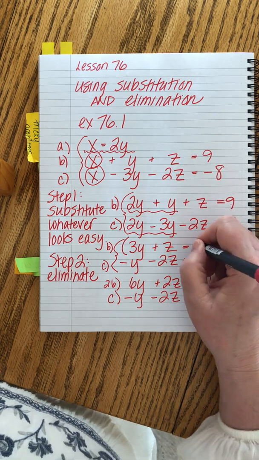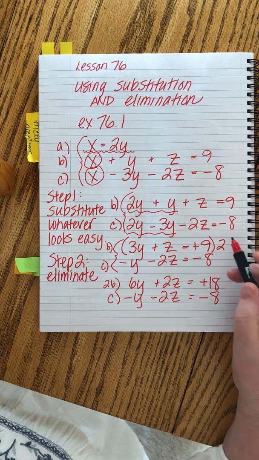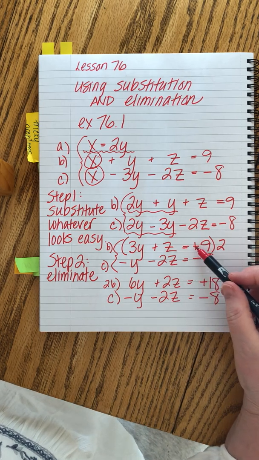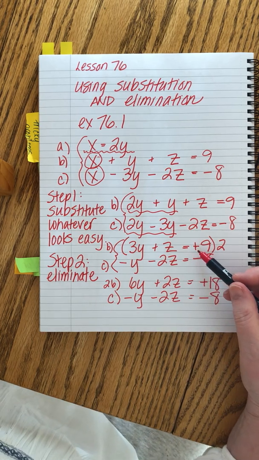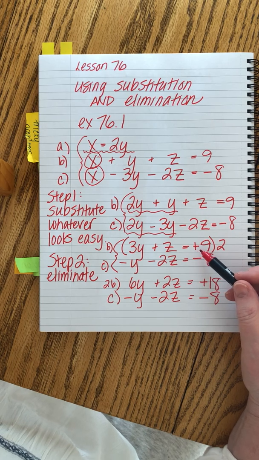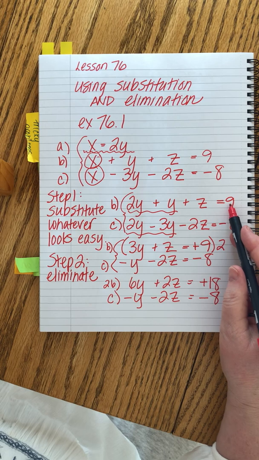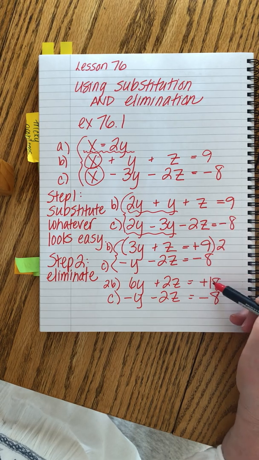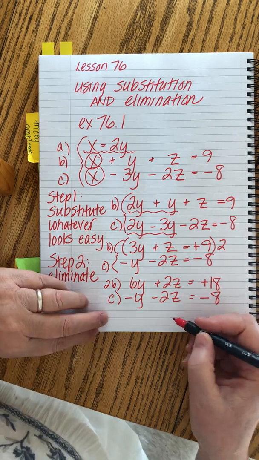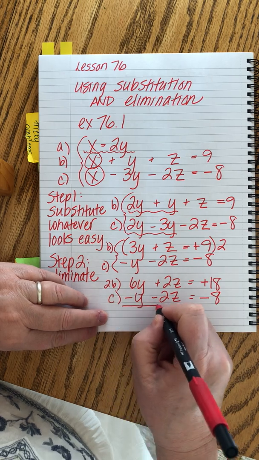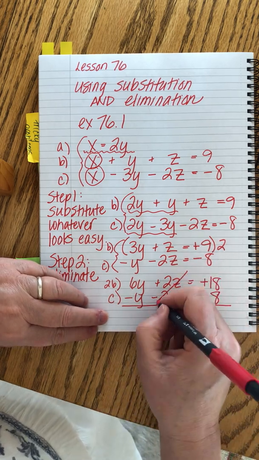This is positive 9. So that's positive 18. I know, so suddenly I turned that into a minus 9. I was trying to figure out why I did that. Just rogue copying. Okay, so that was my mistake. I just picked up a minus sign. So this should be positive 18. Now I am ready to combine. These cancel.